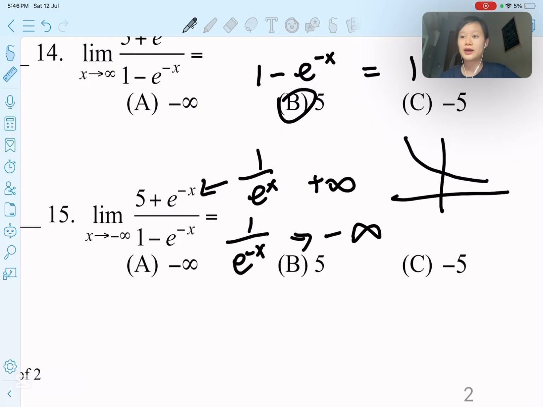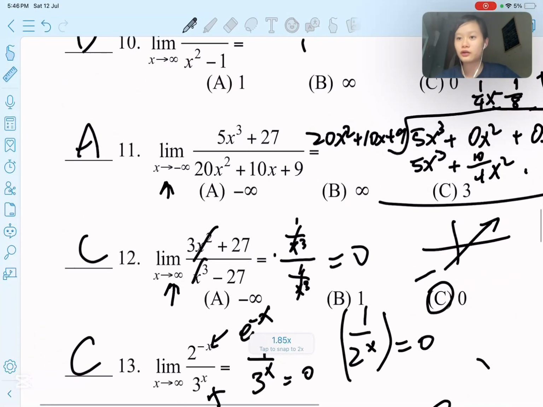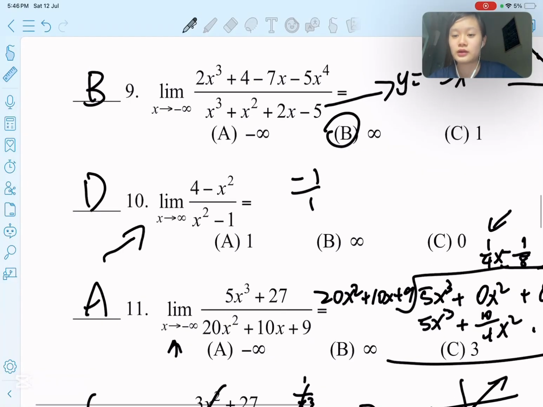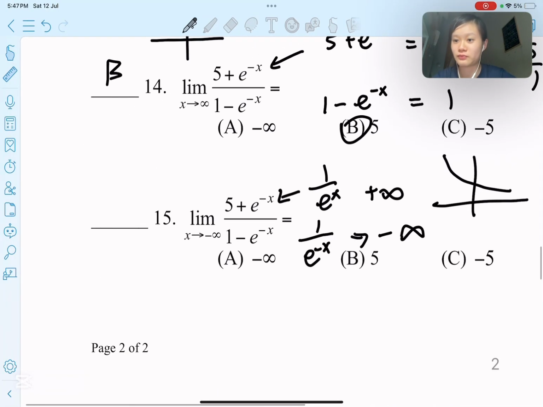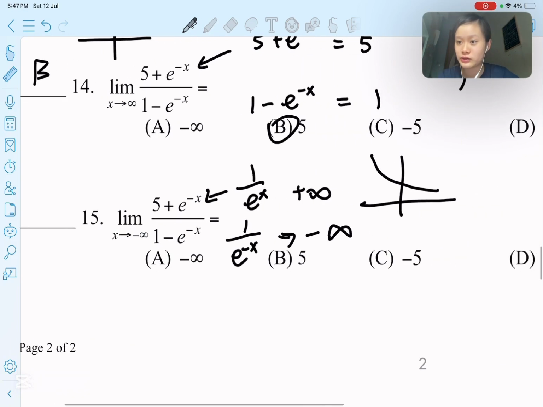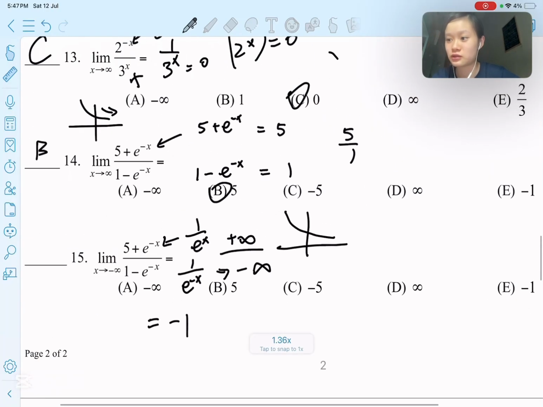So when you have things like this, similar to the question here, the same logic applies: when you have the same power, you take the coefficient. So infinity over negative infinity does not exist as such, but in this case it is negative 1. So the answer here would be E.